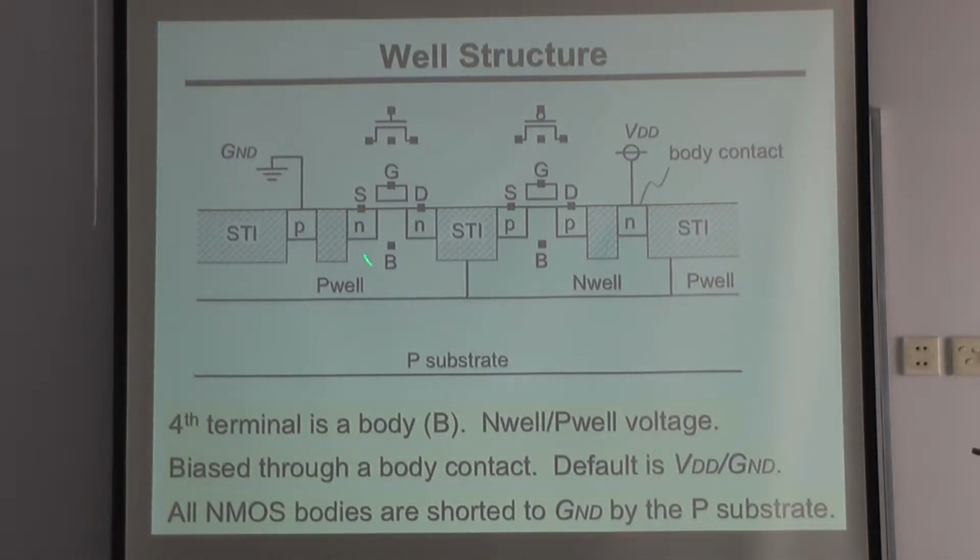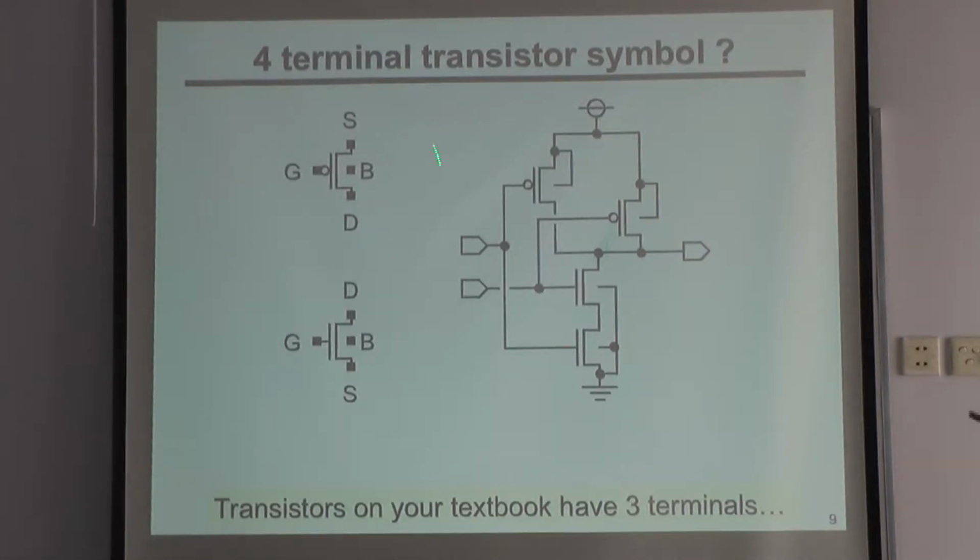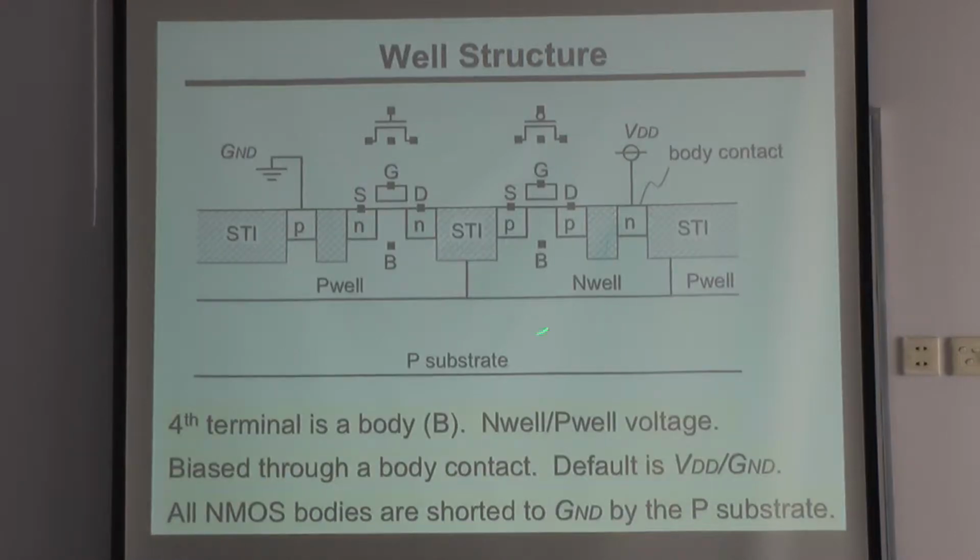So the NMOS body terminal is usually grounded, and also the PMOS body is usually tied to VDD. From this symbol, you have to immediately imagine this cross-section.